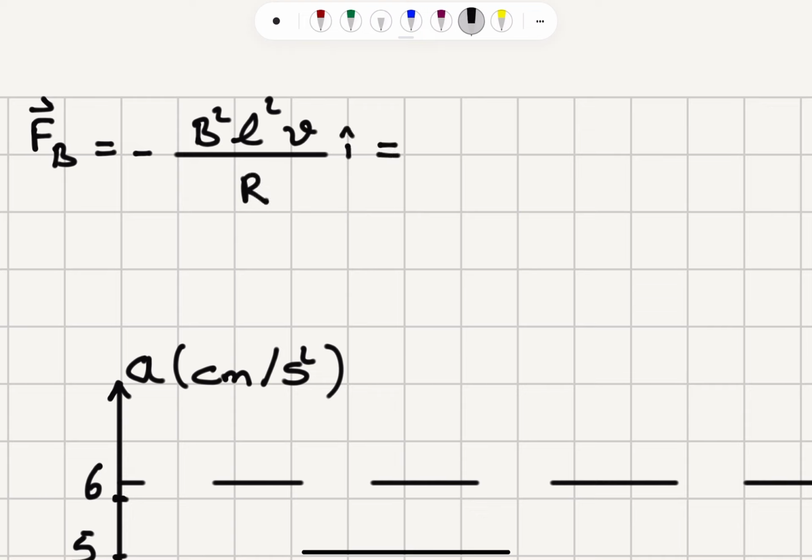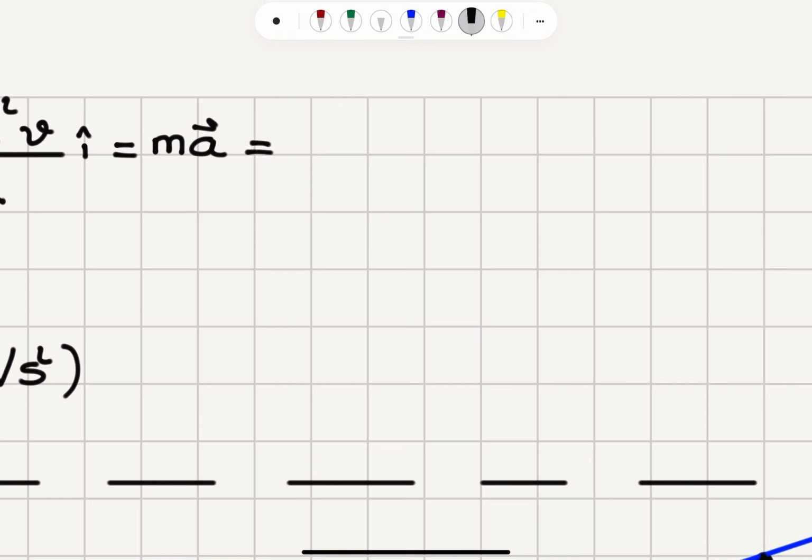That's the only force acting on this bar, so this is mass times acceleration, ma in the minus i hat direction.